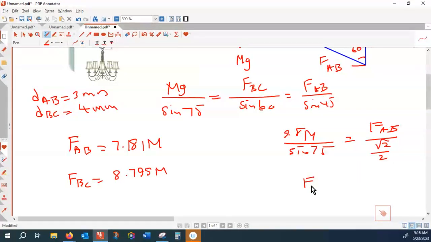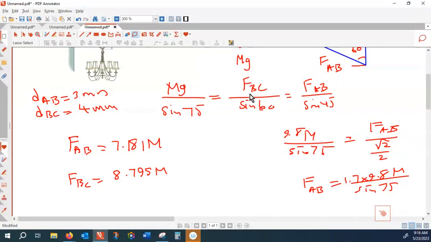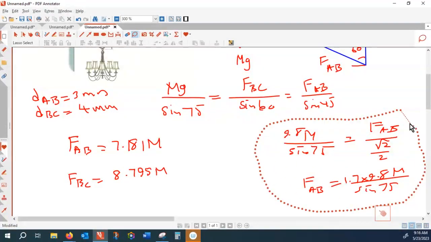Okay, and now here FAB is equal to 1.7 multiplied by 9.8m divided by sine 75. So that coefficient is here. And you can do the same thing, ignoring the last one, just taking the 2, and I do it like that.